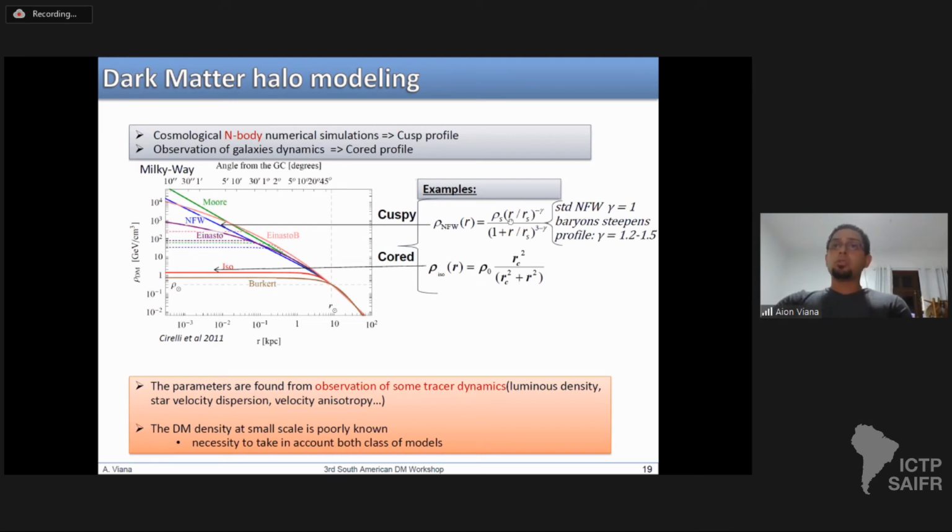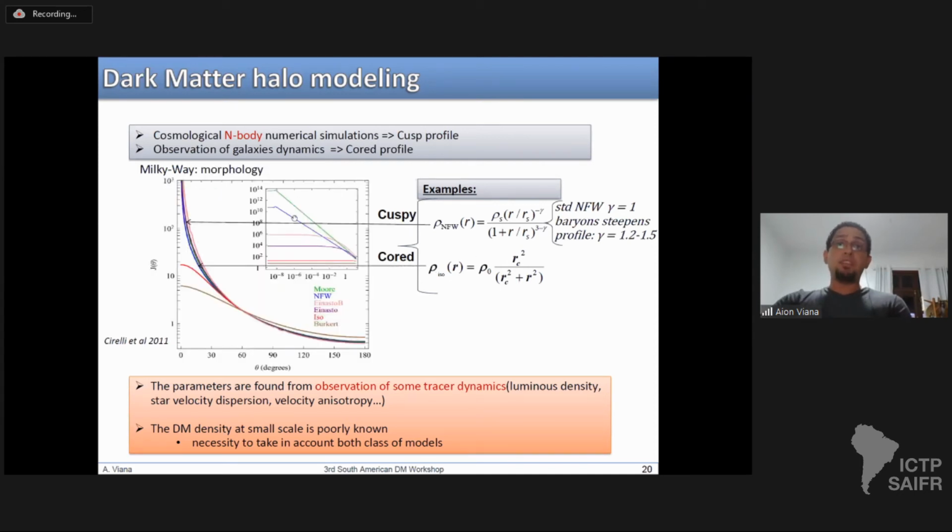Typically, in order to find these parameters, we need to use some tracers and dynamics. Now, especially for the Milky Way, this is extremely uncertain. You see that you have several orders of magnitude of uncertainty. If you take the J factor, you actually have even more orders of magnitude of uncertainty, especially close to the center. So typically what we do in this kind of indirect dark matter search is assume different profiles, and we normally choose extreme cases like a cusp and a core.